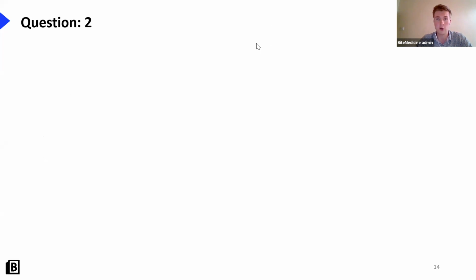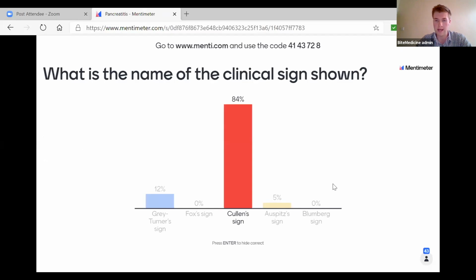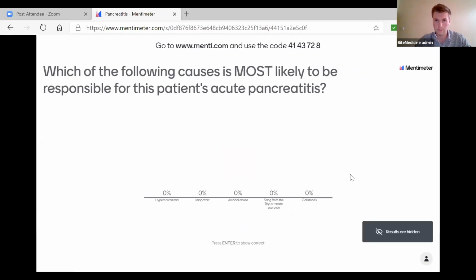So if you kindly go back to menti.com for our next question. Again, the code is 41 43 72 8. And the question is, which of the following causes is most likely to be responsible for this patient's acute pancreatitis?